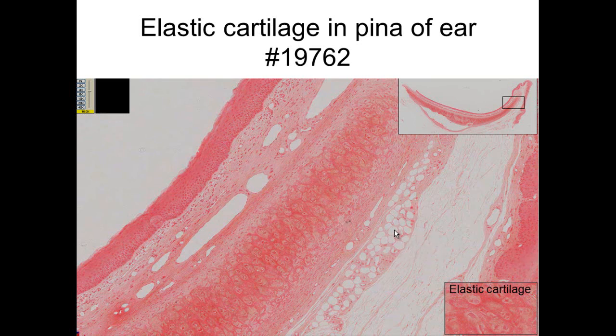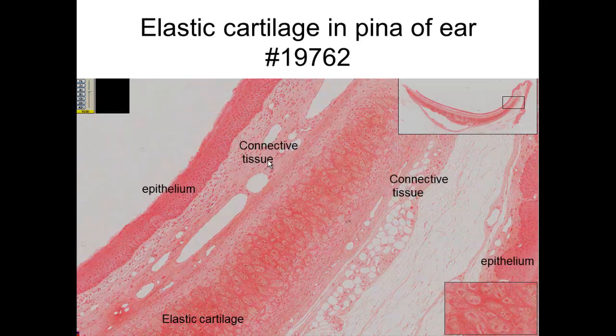Some fat cells, also connective tissue. But the purpose of elastic cartilage is to be able to reform to the original shape. You can bend your ear and it'll pop right back to the original shape that it was. So elastic cartilage is what we see, and connective tissue bands on either side, which are the perichondrium, epithelium on the outside.